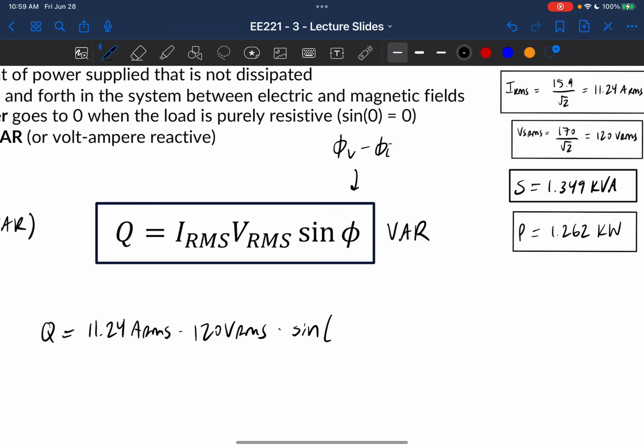It'll be 0 minus negative 20.65 degrees, which is going to be Q equal to basically my apparent power, which we already calculated, which is 1.349 kilovolt amperes times the sine of 20.65 degrees.